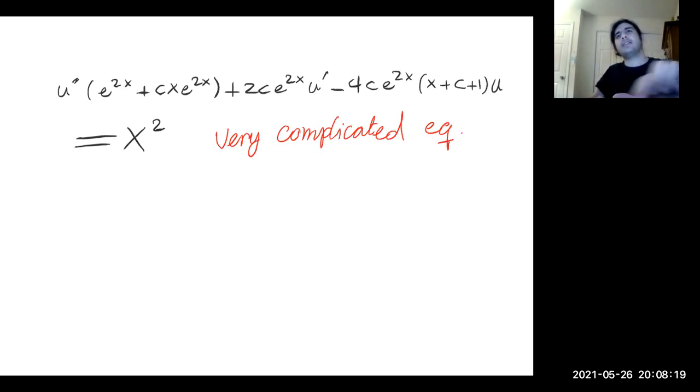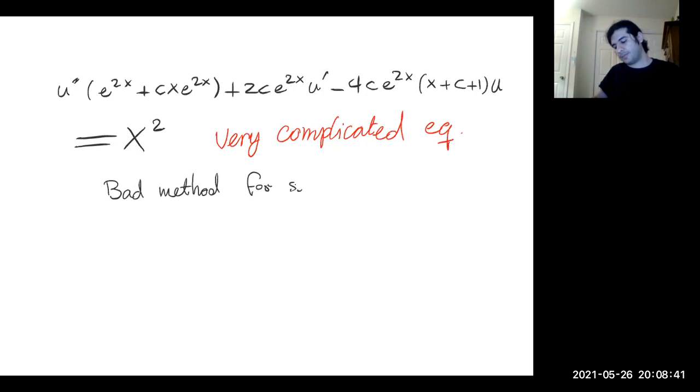So as you can see, these methods don't necessarily work. For the equation which we had earlier, finding a solution with the other method was quite simple, so this is a bad method for solving this one. But we could do it with the other technique.